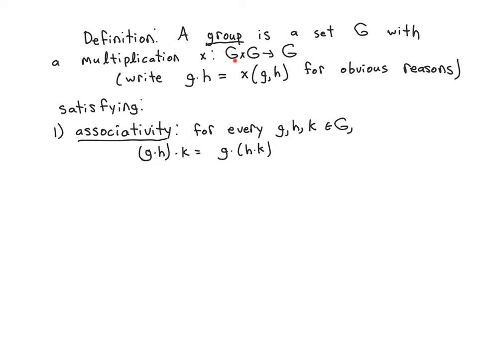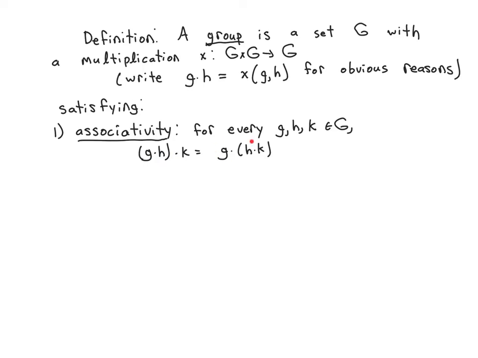Of course, modern mathematics is all about definitions that have axioms. So here's our structure, and here are the properties we're going to require. The first property we require is called associativity. For any three elements in our set, if you take this triple product these two different ways, you get the same result. The first way says you multiply the first two terms together and then multiply by the third.